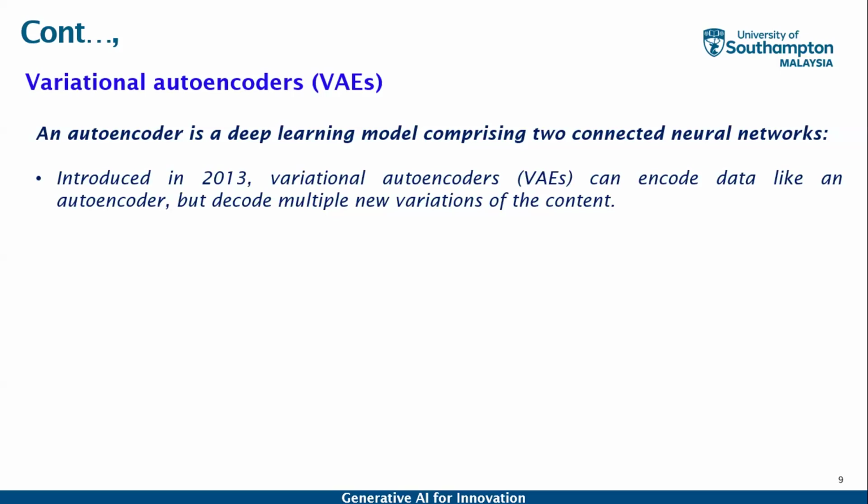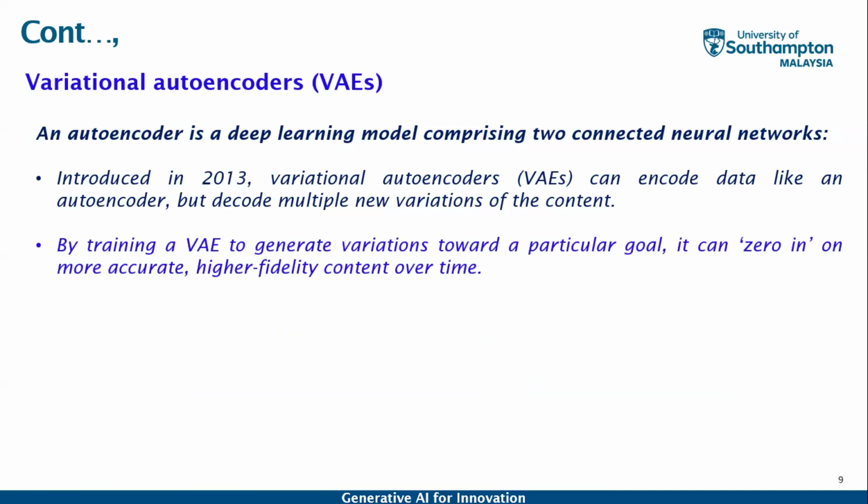People are already using it like this. And one more important thing: it also has a particular goal. It can zero in on more accurate, higher-fidelity content. This is also another important parameter. A simple example is how they compress data for storage or transfer and decompress it for use again, and for high-quality content, it will work in these cases.